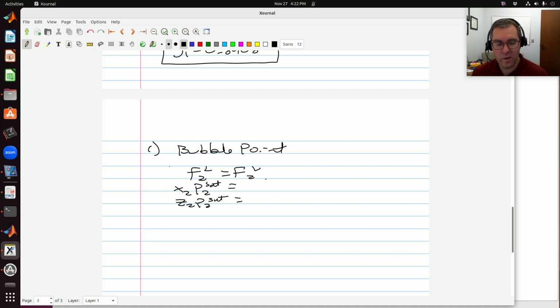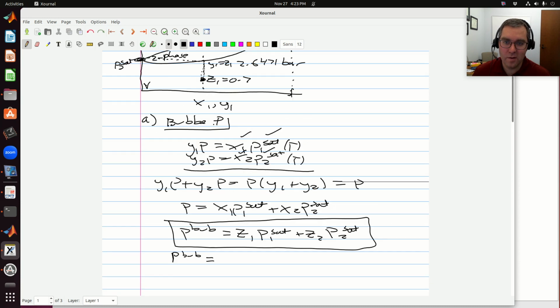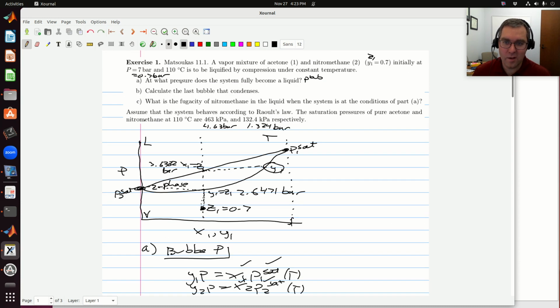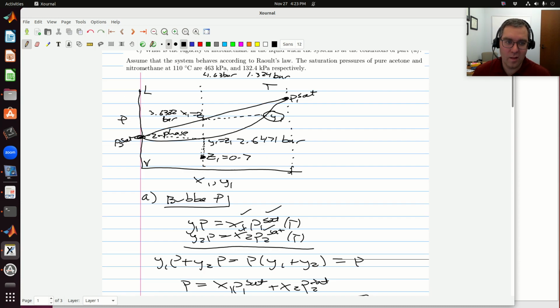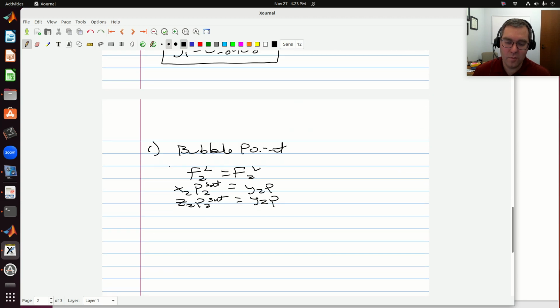And the vapor phase we're assuming to be an ideal gas, since our system is described by Raoult's law, so this would be y2 times p. So take your choice. It says calculate the fugacity of nitromethane in the liquid. Let's do both of them and show that they're the same.